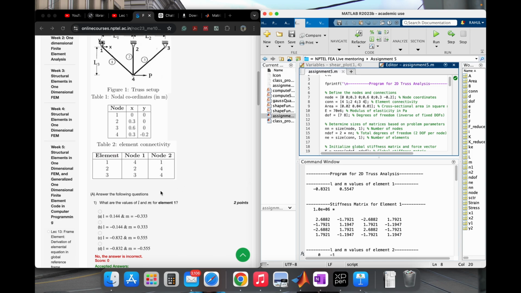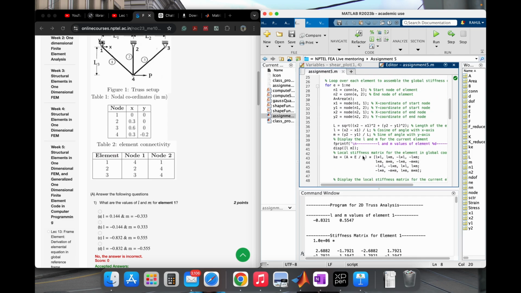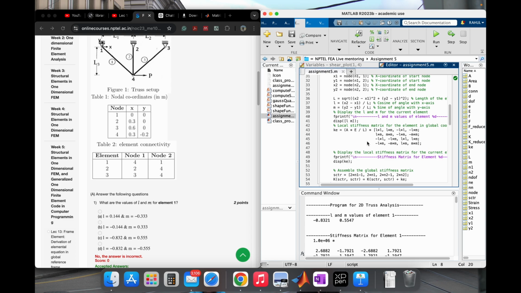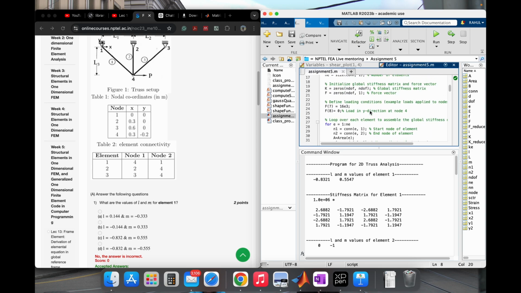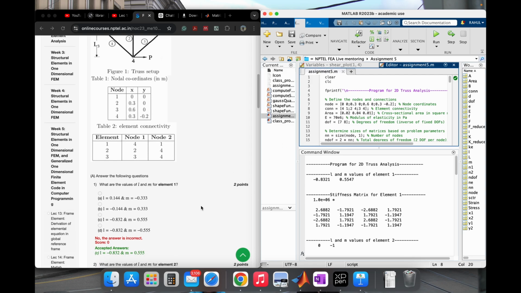Here one thing we have to understand is that there is no such problem if you swap, like, node 1 and node 4, like 4 first and 2 second, because when we try to get the element stiffness matrix, there is no problem. But when we try to get L and M values, there will be a problem with the sign convention. So that's why we have to use whatever is given in the problem. So here we have to use the same.